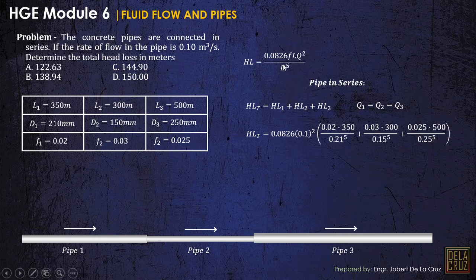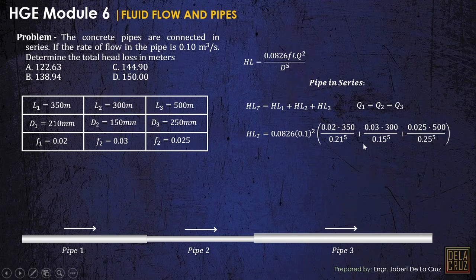As we can see, 0.0826 and the discharge are constant, so we just factor them out. We factor out the discharge here and the 0.0826 coefficient. What will remain in this parenthesis is the friction factor 0.02 for pipe 1, length is 350, and diameter must be in meters. So 210 converted to meters is 0.21 meters, raised to the 5th, of course.